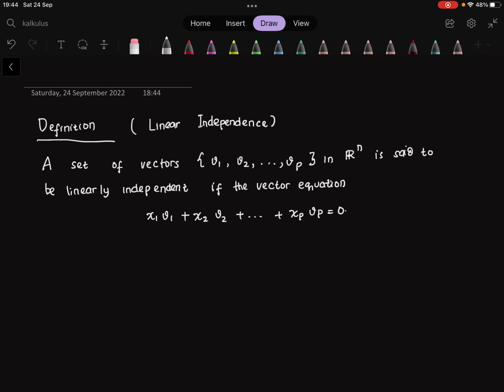So this vector equation has only the trivial solution.